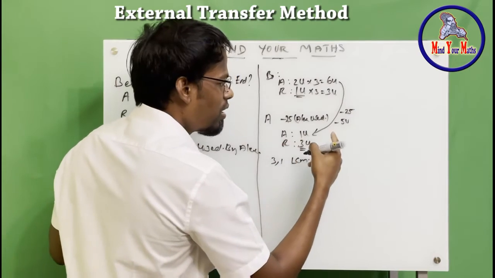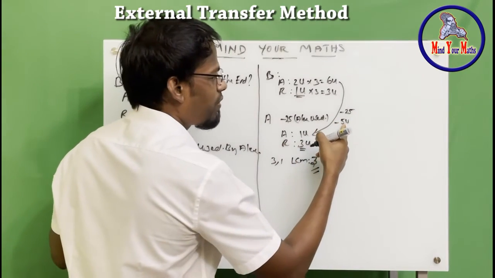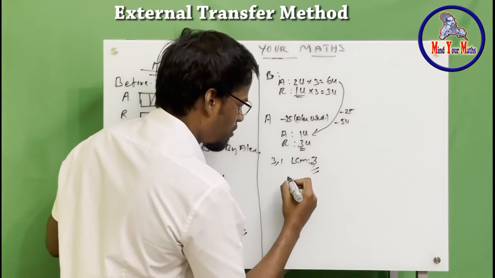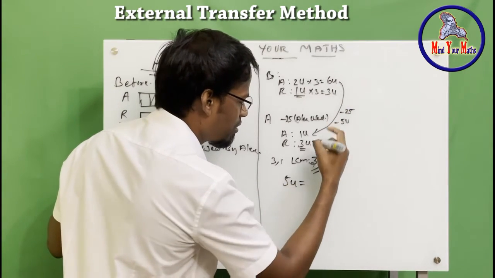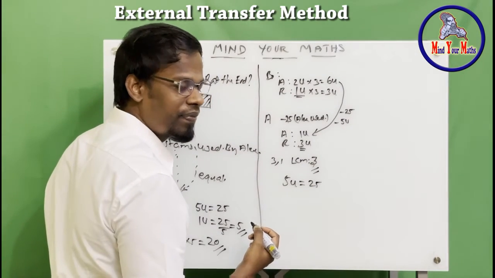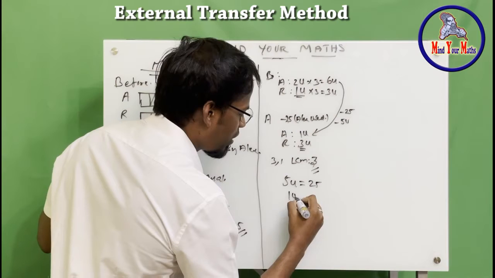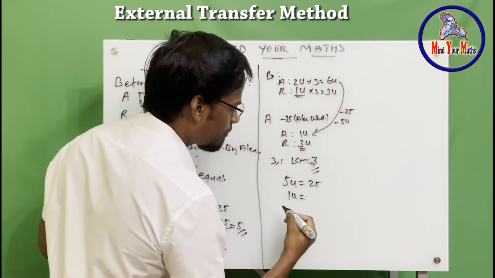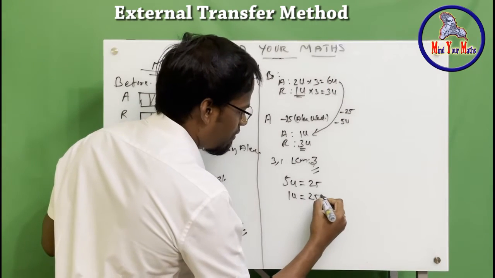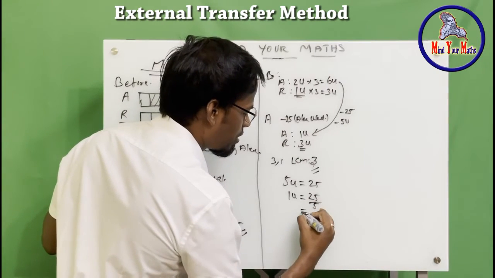So this 5 units is equal to this 25 stamps. Now what is 1 unit? Divide by 5, equals 5.